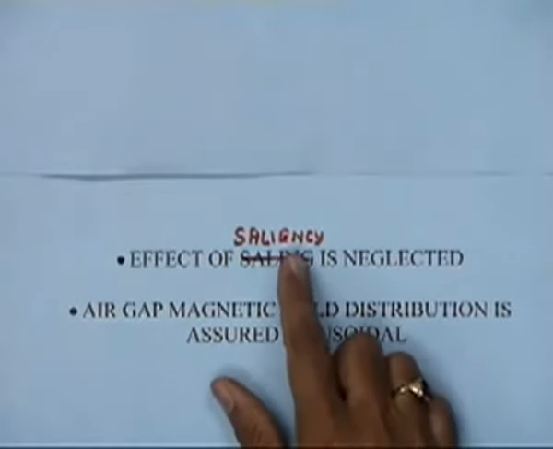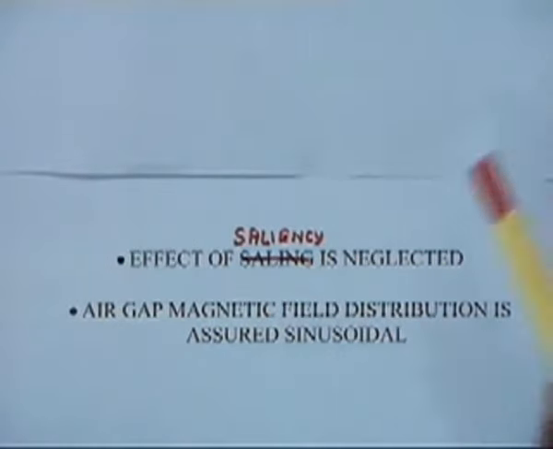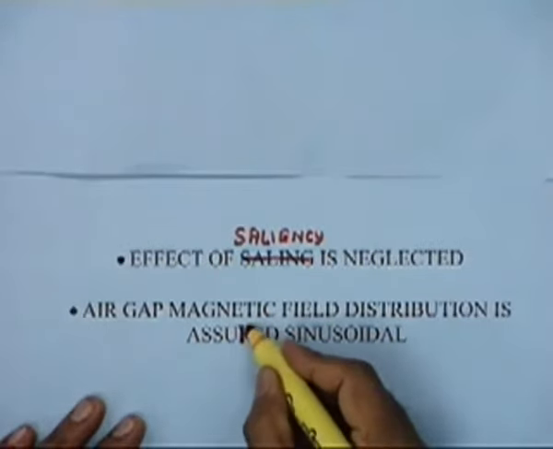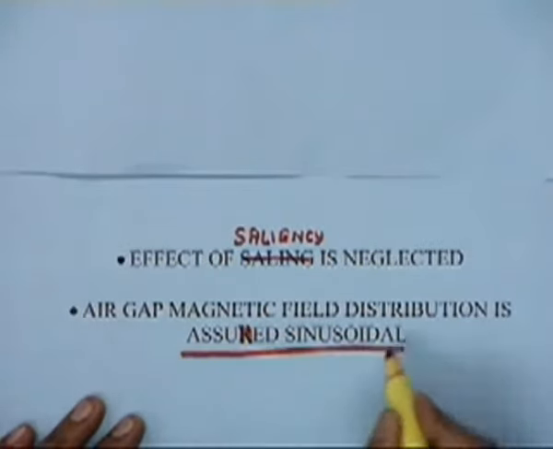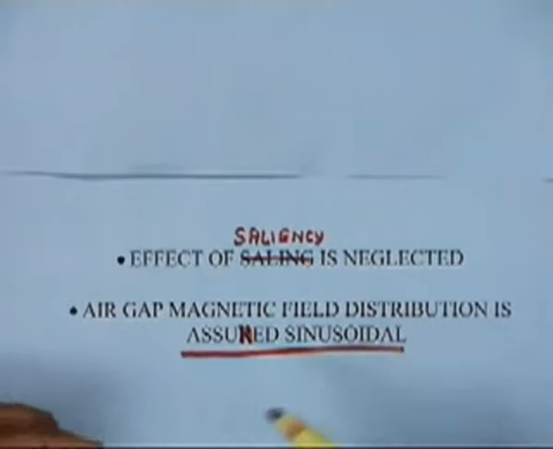That means we neglect the saliency effects in the rotor, and we also assume that the air gap magnetic field distribution is taken to be sinusoidal. That means there is a sinusoidal variation of flux density in the periphery of the air gap due to the rotor excitation or the field excitation.